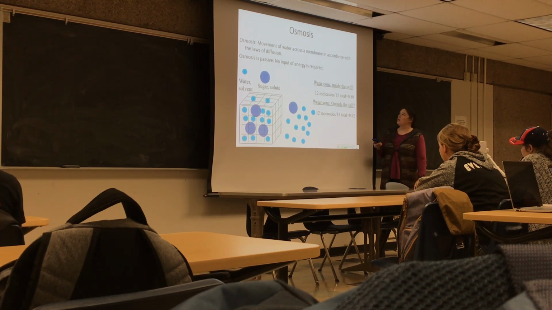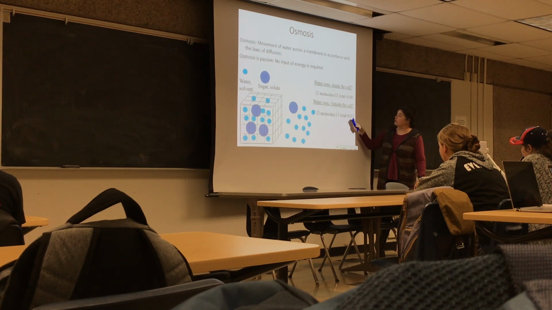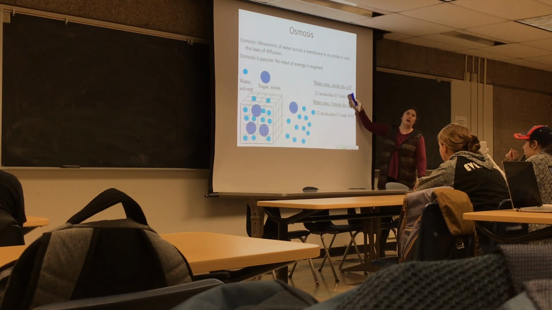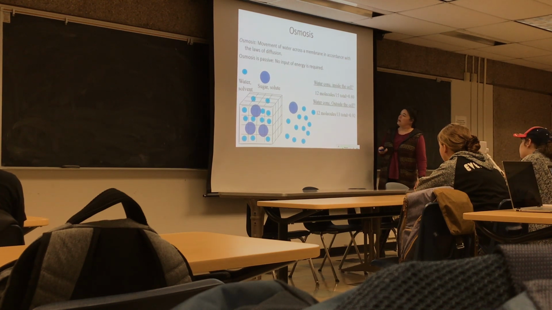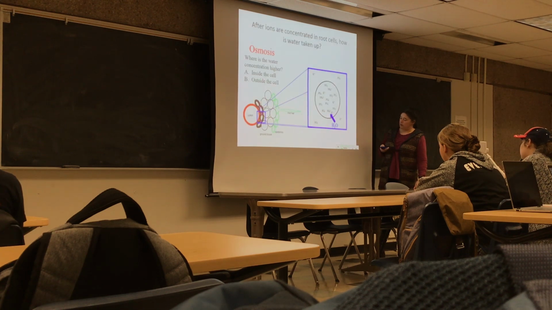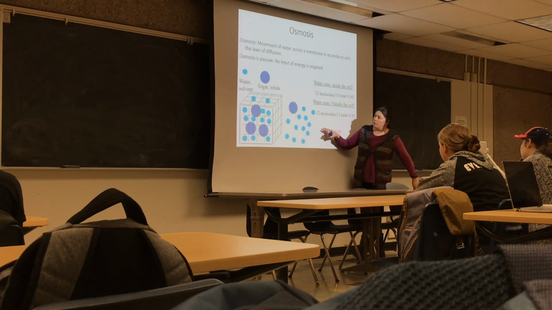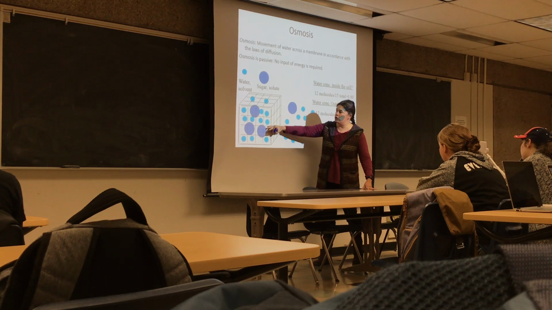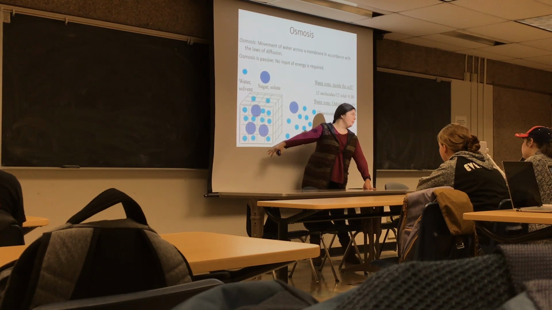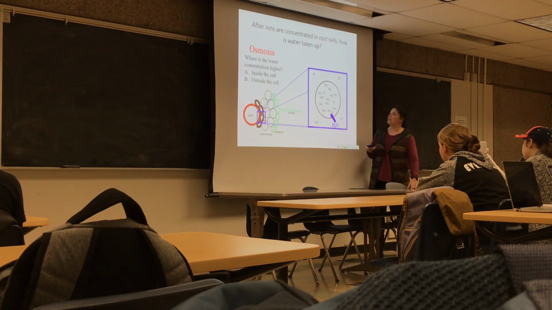So there's more water relative to other stuff outside the cell, and less water relative to other stuff inside the cell. So you're going to get movement of water down the concentration gradient. More water outside, less water inside, water's going to move into the cell. Does that make sense? Okay, so let's go back to our plant example.